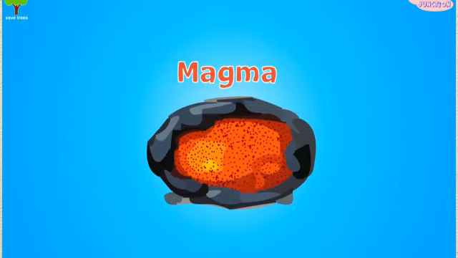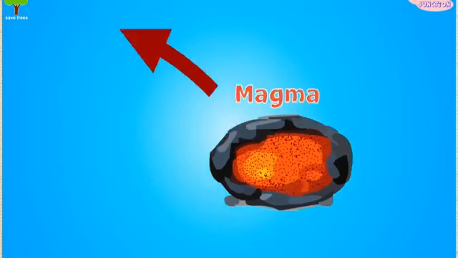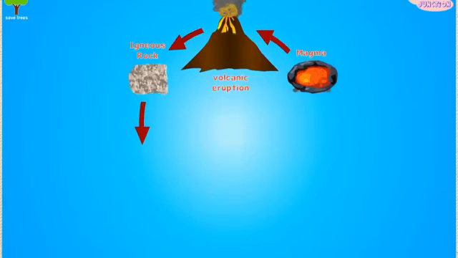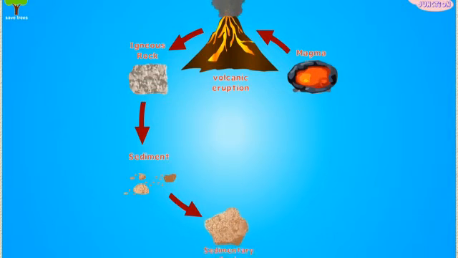Due to high heat and pressure, it bursts out from the earth crust, which is known as volcanic eruption. When this magma cools down on the surface of the earth, it forms igneous rocks. Then these igneous rocks are divided into sediments, and the sediments form sedimentary rocks over a period of time.